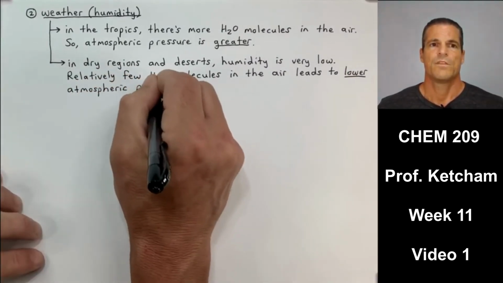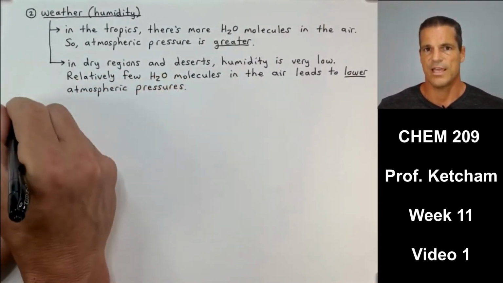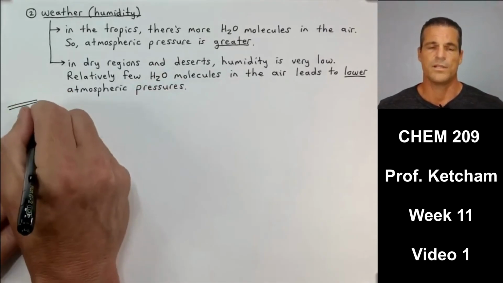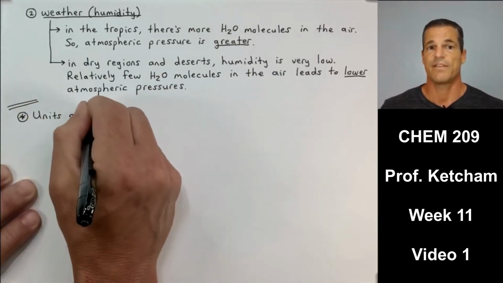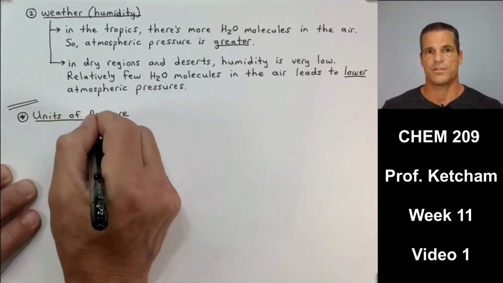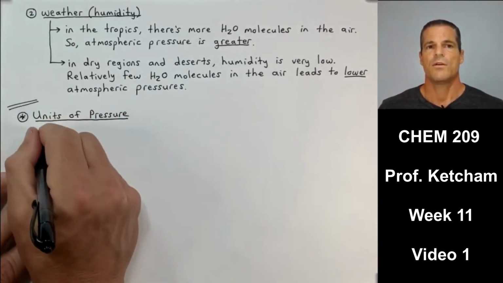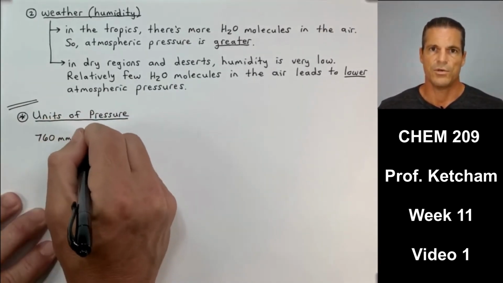So the very last thing I want to talk about today in this video, video number 1 for section 5, gases, is units of pressure. Here are all the main units of pressure.